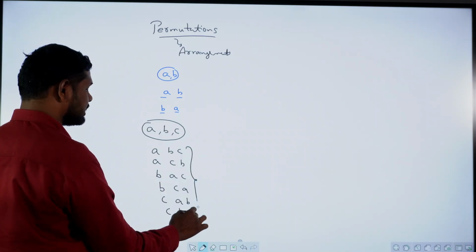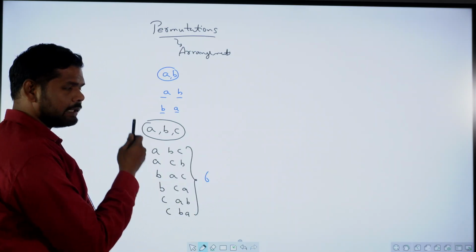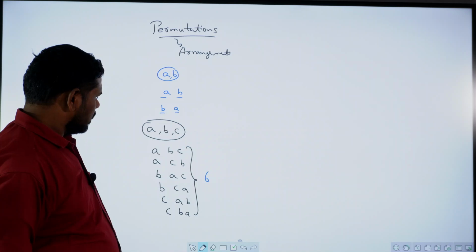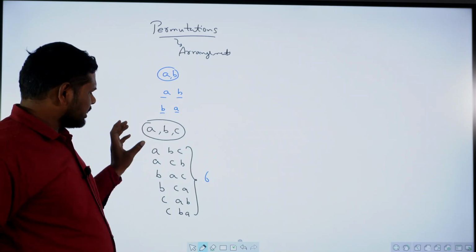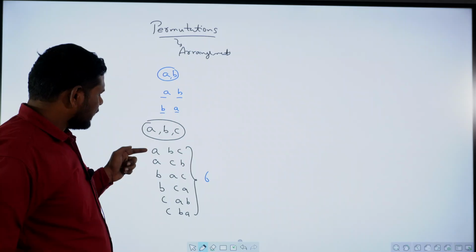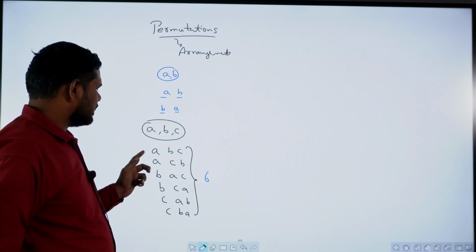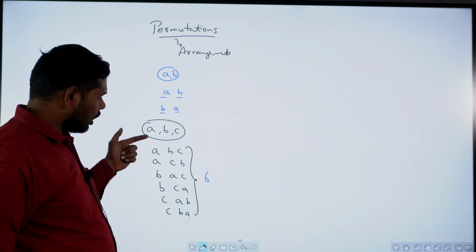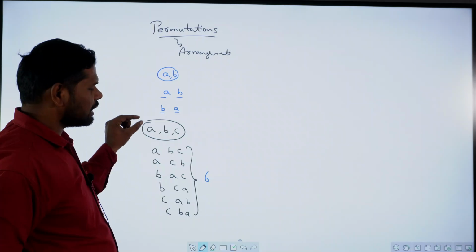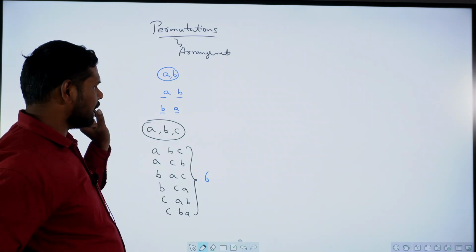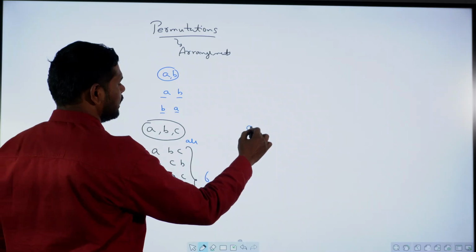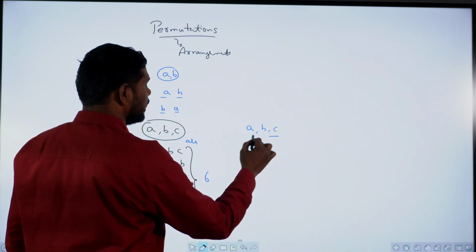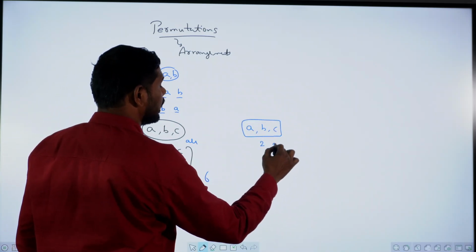How many ways? 6 different ways we can arrange them. So the 3 persons are the same, A, B, C, but we are arranging them in different ways: ABC, ACB. But in all the 6 ways, only those are the 3. We are using 3 at a time. In this case also we are using all, but in ABC, we need to arrange 2 at a time.